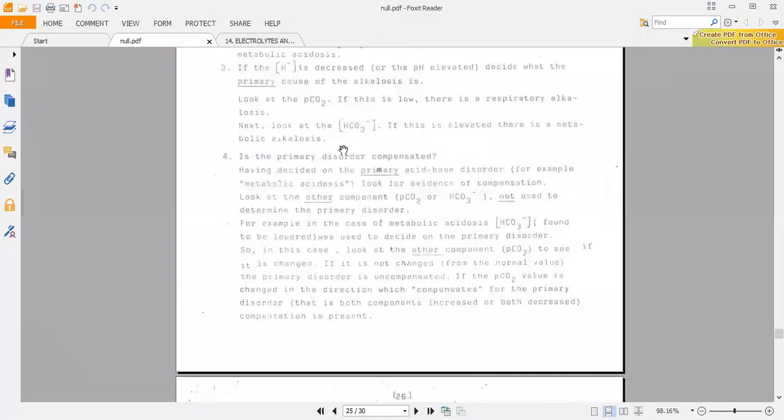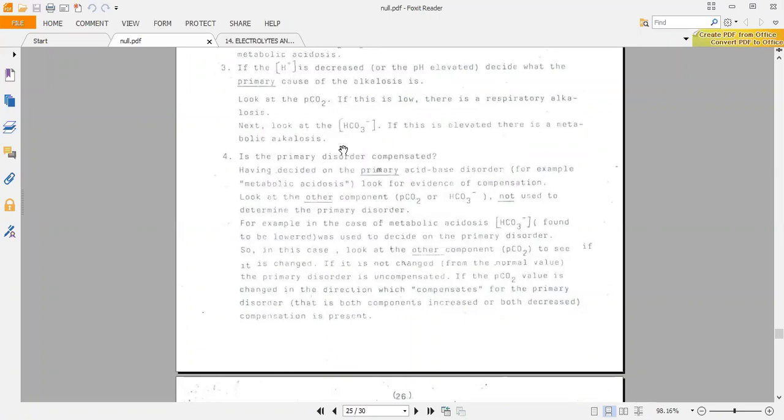If you have a high bicarbonate level, then you should have a high partial pressure of carbon dioxide so that it compensates. Let's say this is a metabolic alkalosis. The concentration of bicarbonate ions is high, so it's a metabolic alkalosis.